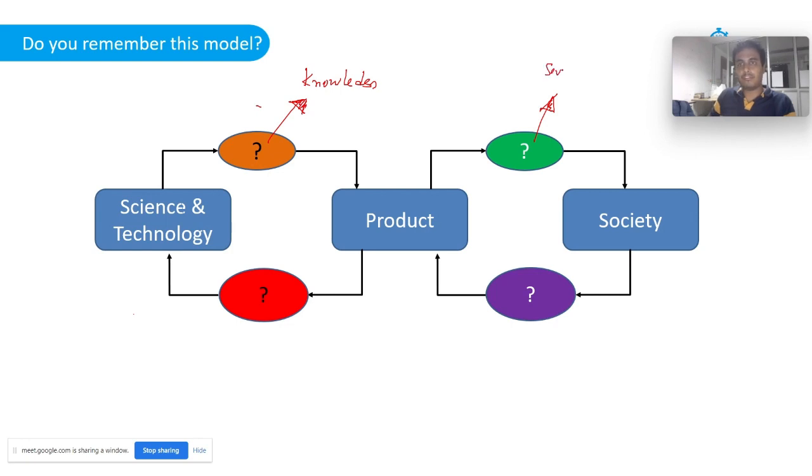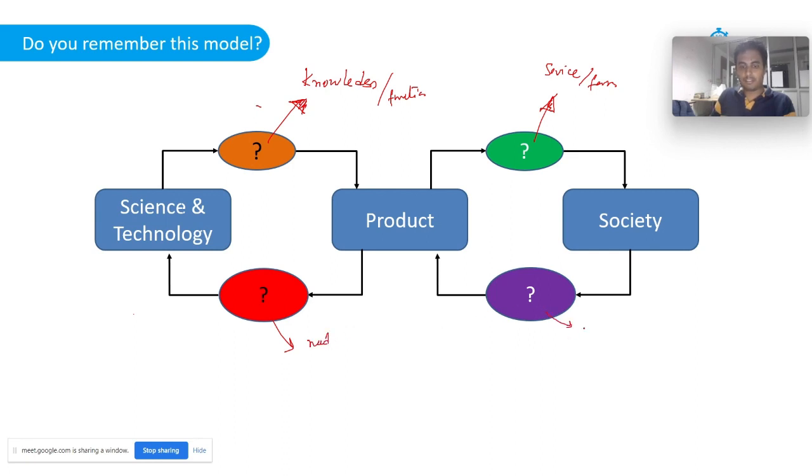Okay. Function, yes, these are outcomes. And what about red? Need. Okay.